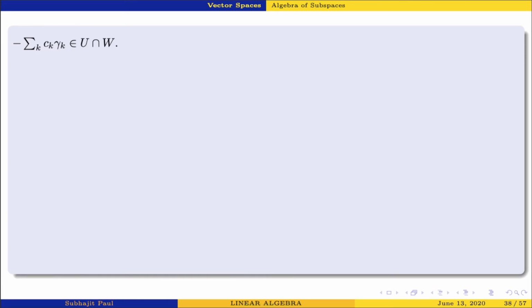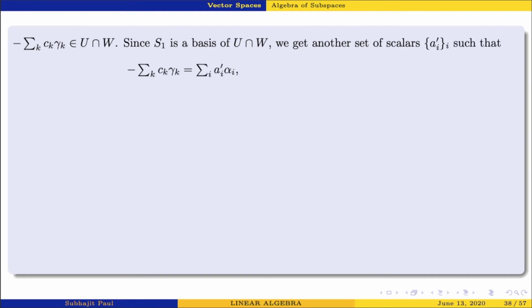Since S1 is a basis of U intersection W, we get another set of scalars ai dashed such that minus the sum of ck gamma k is equal to the sum of ai dashed alpha i.